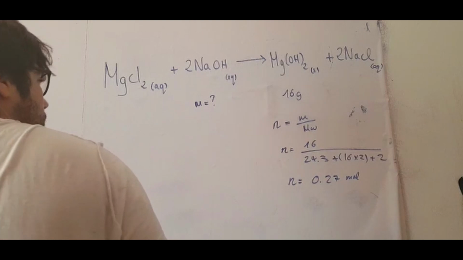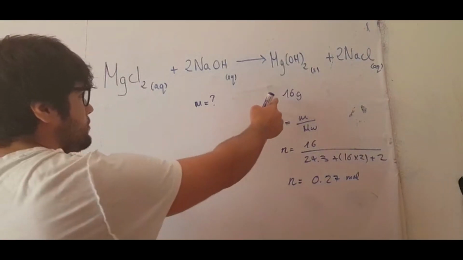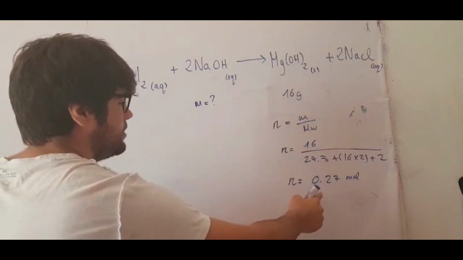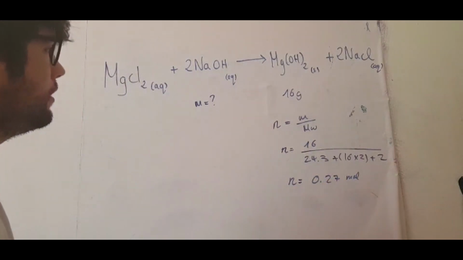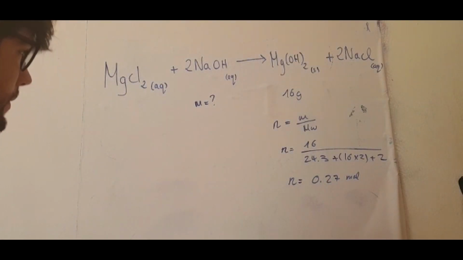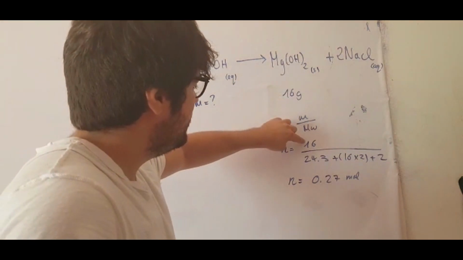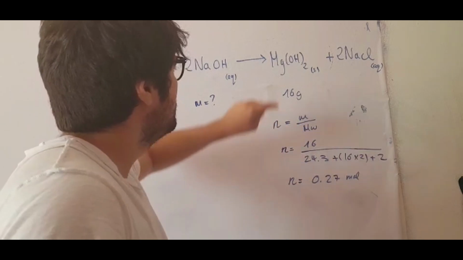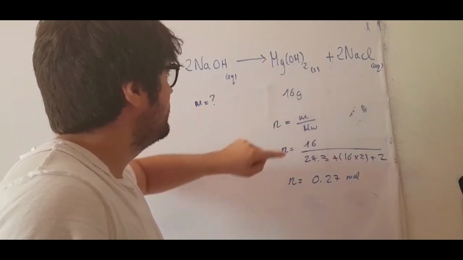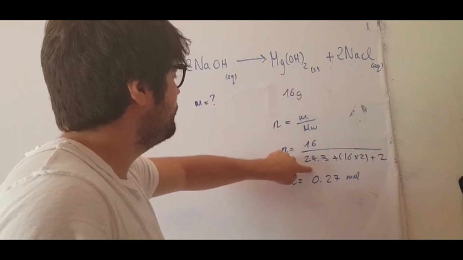Okay, so 16 grams of magnesium hydroxide is 0.27 moles. Okay, we're going to repeat this again. This is the mass, 16, and here we calculated the molecular weight. Magnesium, its weight is 24.3.